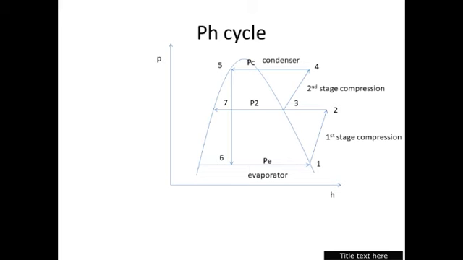From 5 to 6, we have expansion valves. From 6 to 1, we have the evaporator. From 2 to 3, we have the intercooler, and again 3 to 7 we have the intercooler as well. So this is the explanation for this particular PH cycle.